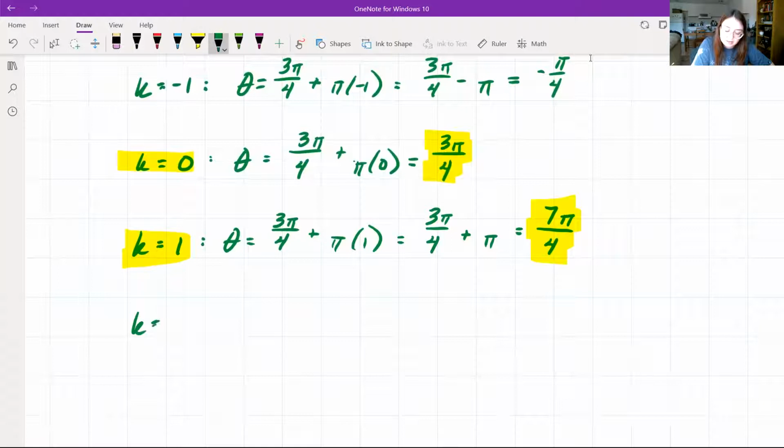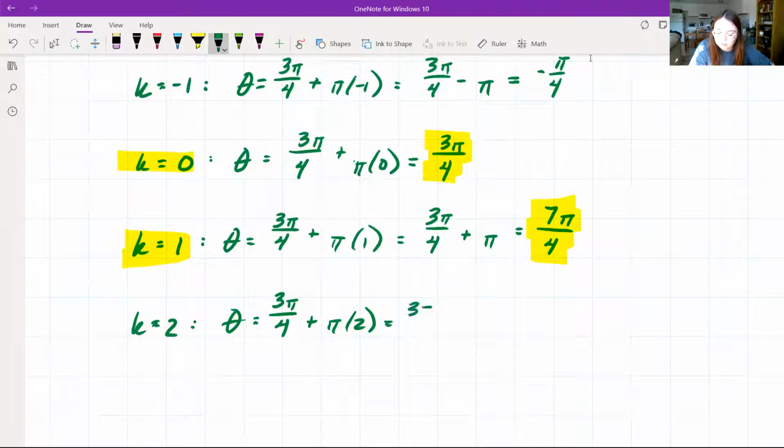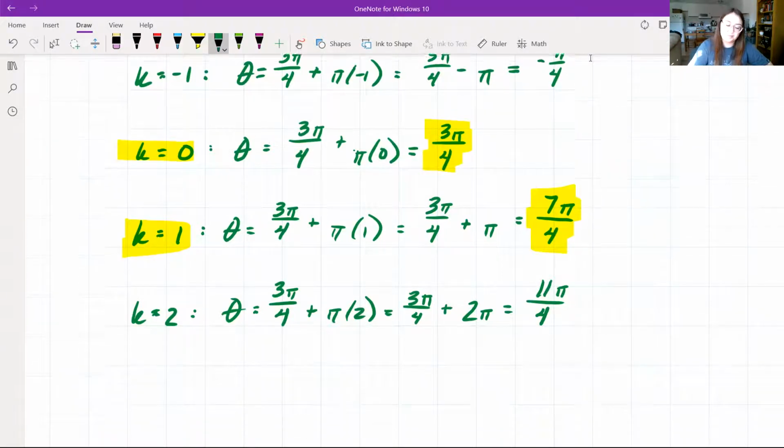Last, let's try k equals 2: theta is equal to 3 pi over 4 plus 2 pi, which gives us 11 pi over 4, which is greater than 2 pi, so it is not contained in our unit circle.